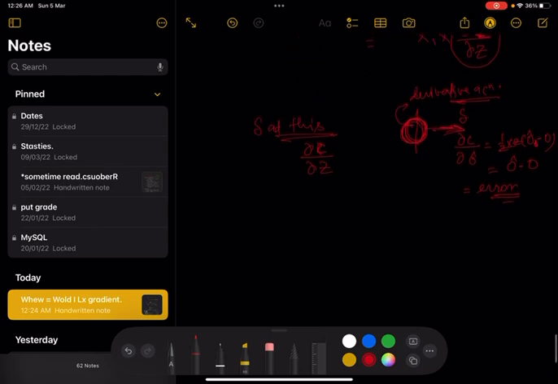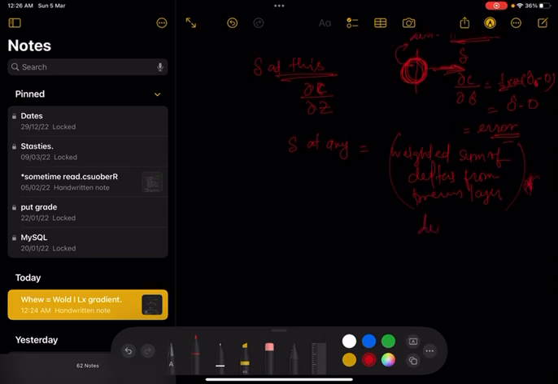So what we do is calculate delta at any layer, which equals the weighted sum of deltas from the next layer, multiplied by the derivative of the activation function.